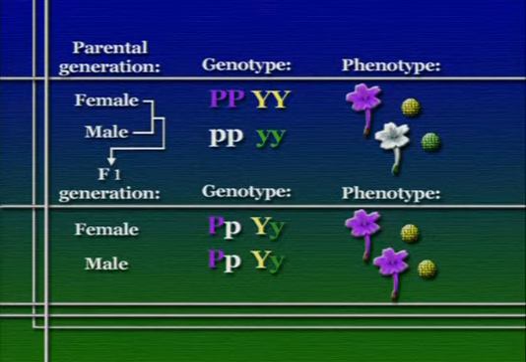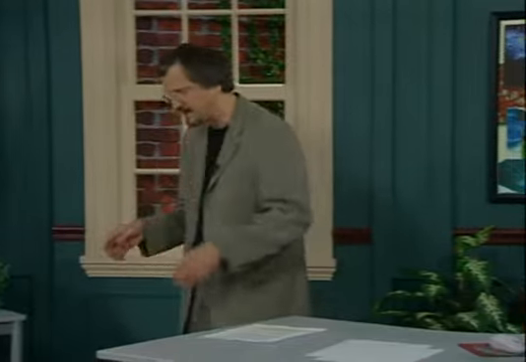So all of these F1 individuals, just as we saw in the monohybrid cross, are going to be heterozygous. In this case, heterozygous for both of the genes that we're interested in. And because we have a clear dominance of purple flower color and yellow seed color, we know that all of these heterozygous F1 individuals are going to be purple flowered, yellow seed colored phenotypes. Okay, so that seems to make sense based on what we know.